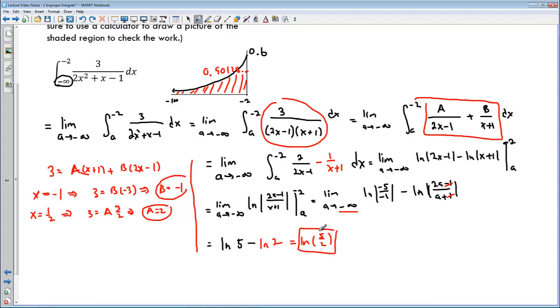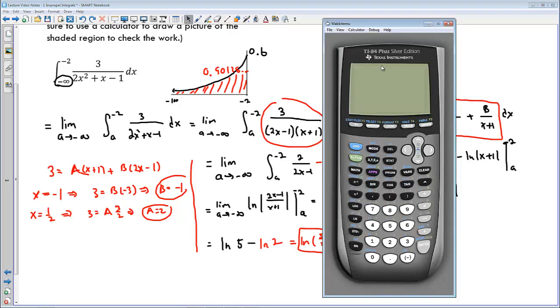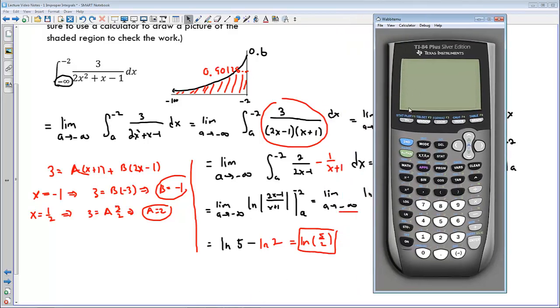So let's check this to see if it actually works out like it's supposed to. On my calculator, to check to see if my answer is right, I got my answer 0.90125 blah blah blah, so I'll check ln of 5 divided by 2. Now remember, it may not be exact, but it should be kind of close. So I got 0.916.